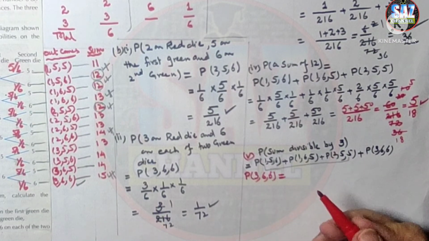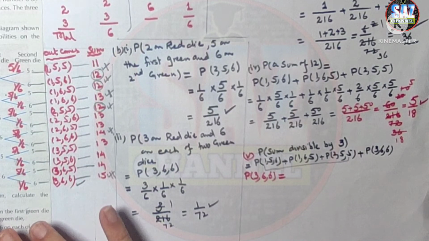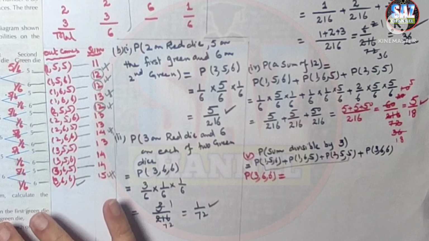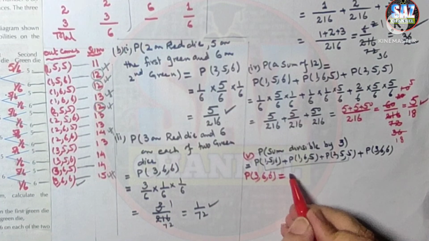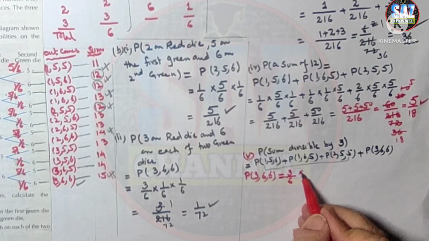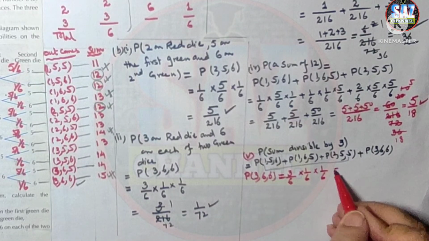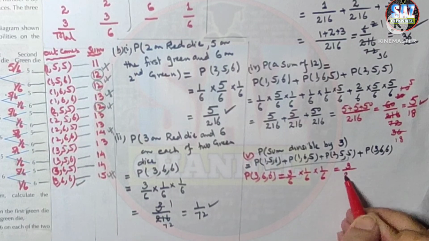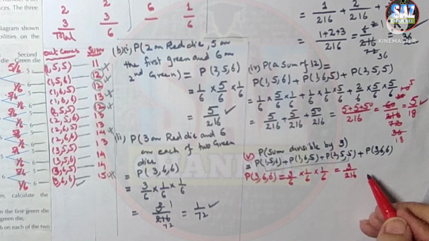The answer for the probability of 366 will be 3 by 6, 3 from the red, and 1 by 6, 1 by 6, and this will become 3 by 216. Now, this is extra.